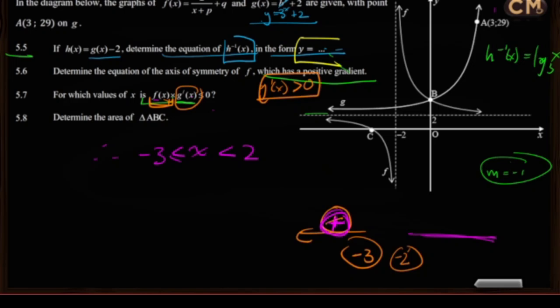So for our final question, they want the area of triangle ABC. So I'm going to need a couple of straight lines just to connect over here so we can see what we're doing. Right, so there we have an idea of what triangle ABC entails. So what we'll need, of course, is an idea of what to do.